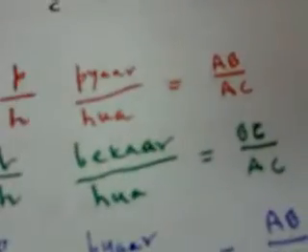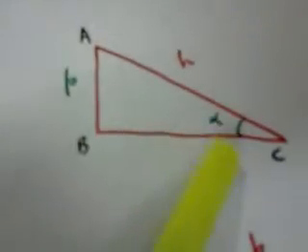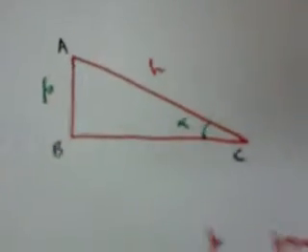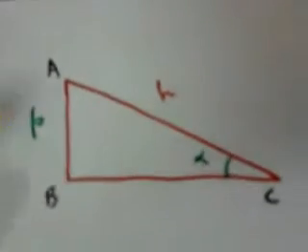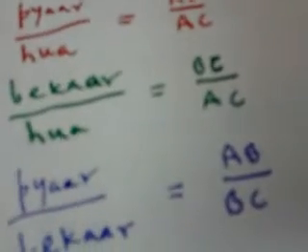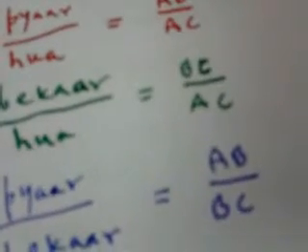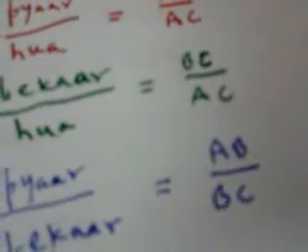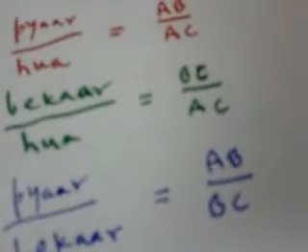Cos theta is base by hypotenuse. Base in this diagram is BC, so it is BC by AC. And tan theta is perpendicular by base, which here is AB by BC.